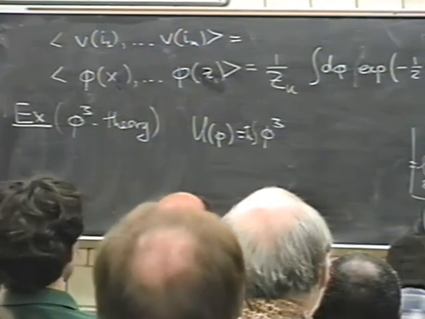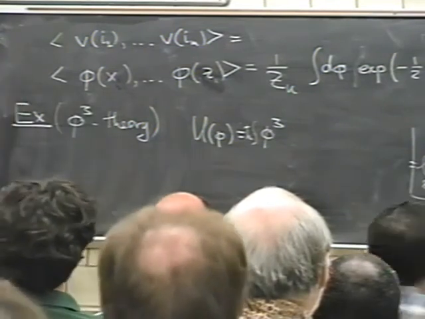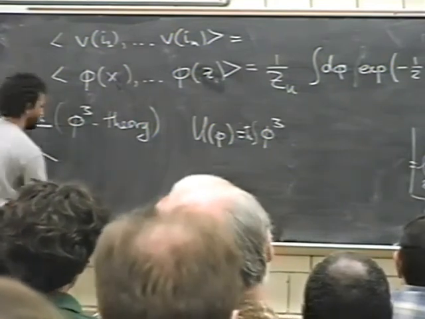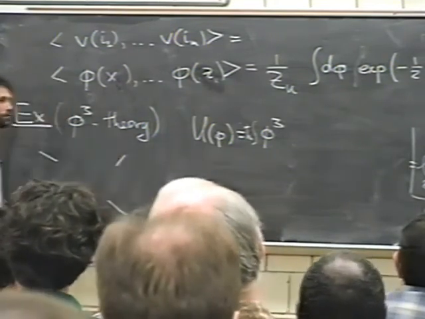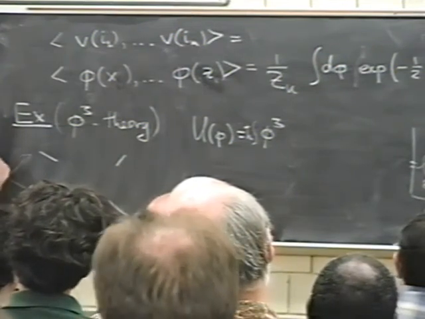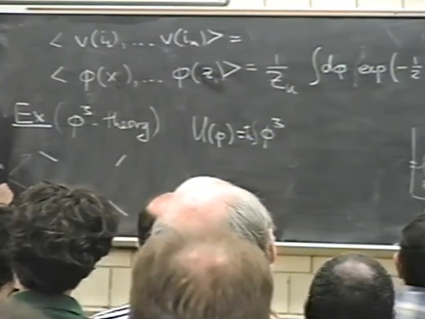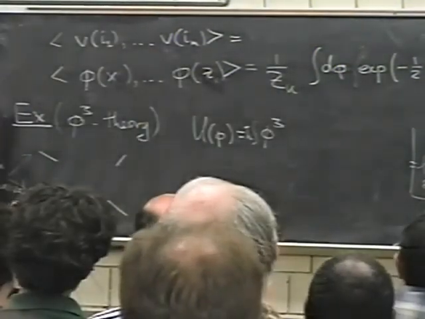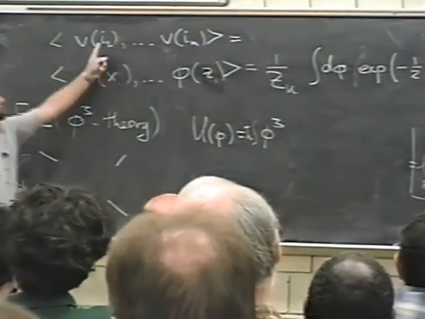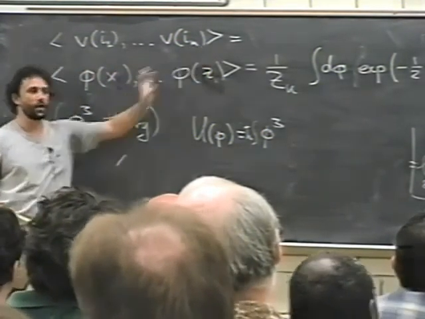Now, before, which kind of graphs did we have? We had m univalent vertices. Now again I will have m univalent vertices in my graphs, and they were labeled by these indices, I1, etc., up to Im.